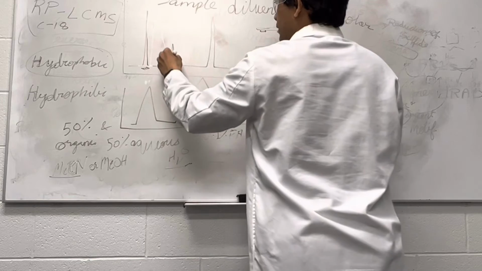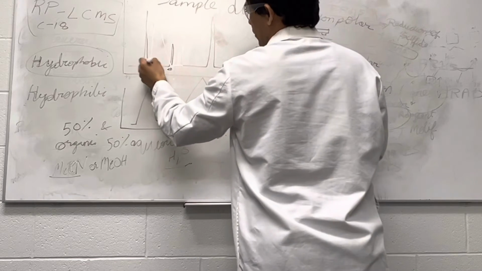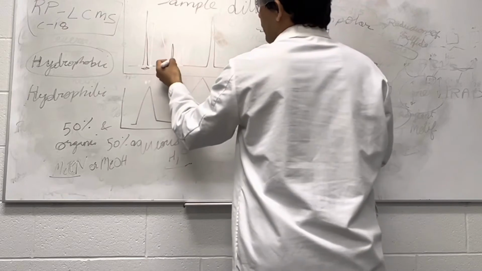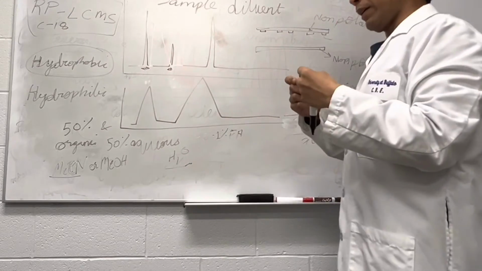This might result in widening of this peak, because now the sample is not eluted at the same time but elutes at different times, and sometimes it might lead to merging of the peaks between two different components.